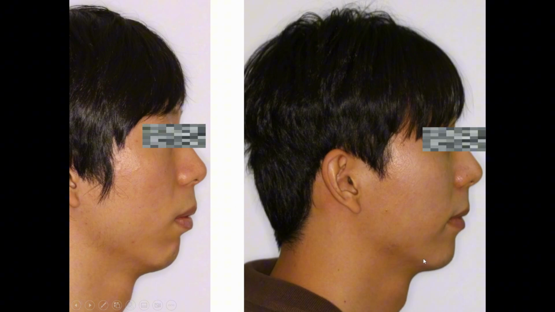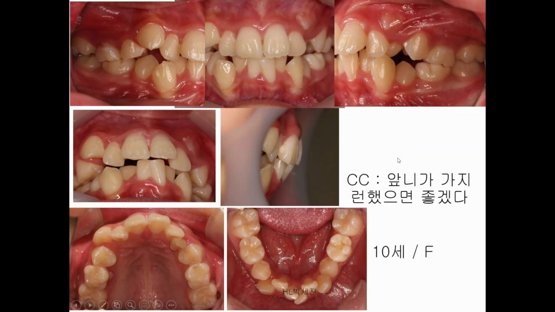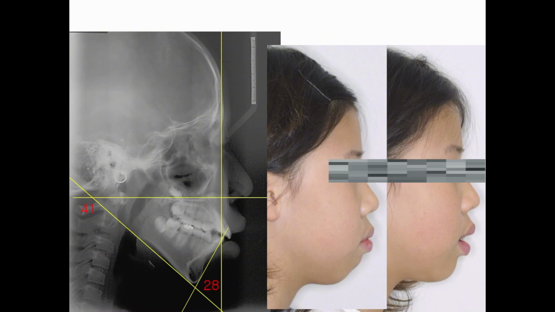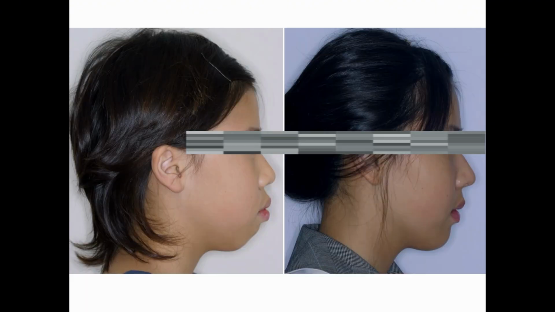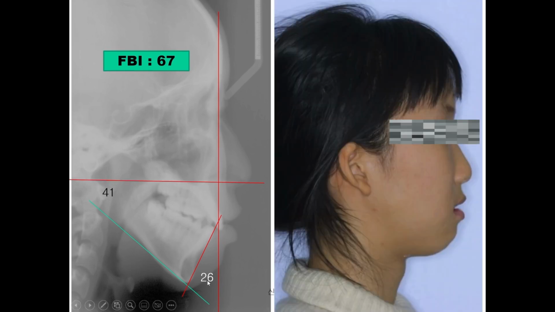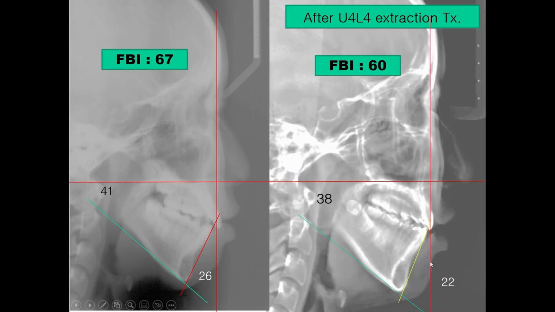And then what is the main result of this face? Because the soft tissue is thick. Okay? Look at the shape of the soft tissue, it is not good. Okay? The shape of the soft tissue is not good.